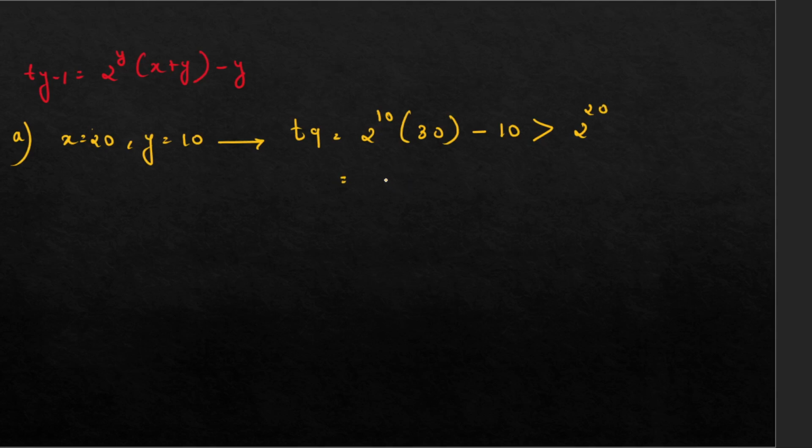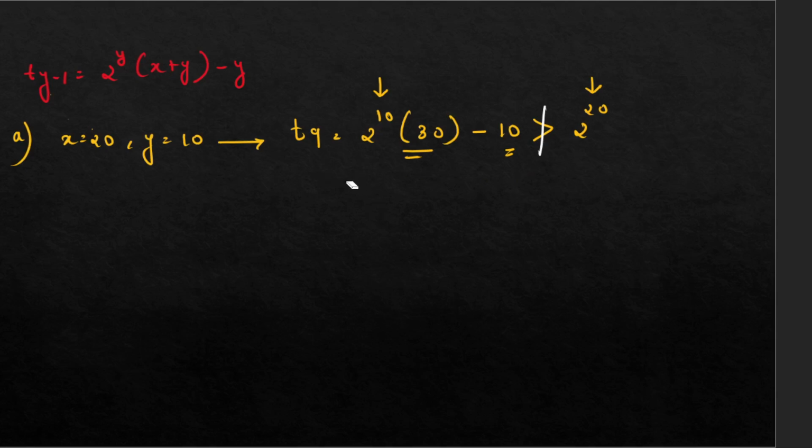Now you should focus on the exponentials, otherwise these are very small numbers. Only if you look at the exponential will you get the clarity. So 2 to the power 10 into 30 minus 10 is not at all greater than 2 to the power 20. So this is absolutely wrong. So option A is wrong.